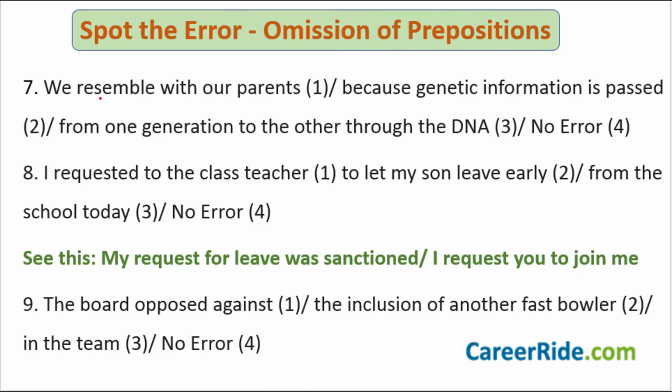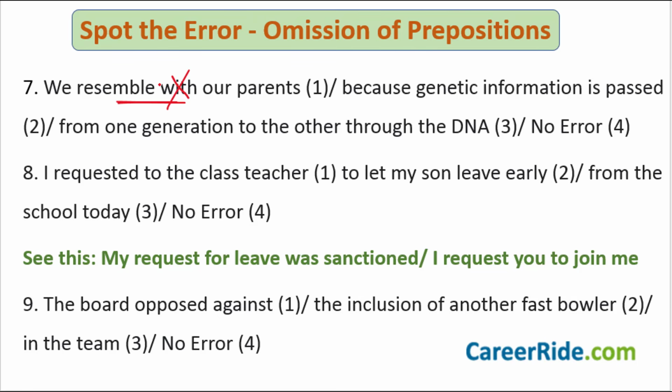But read this: "we resemble with" is actually the error here, because with the word resemble, we do not need to use this "with". Many a time we write either "resemble to" or "resemble with", but that is not required. The word resemble means to look like something, to look similar to something.